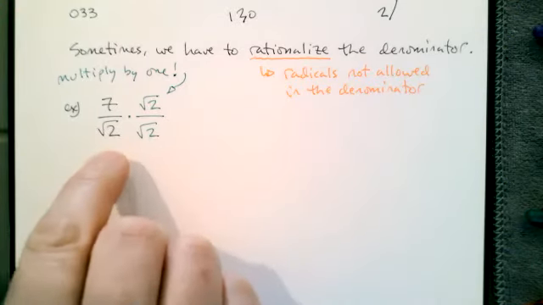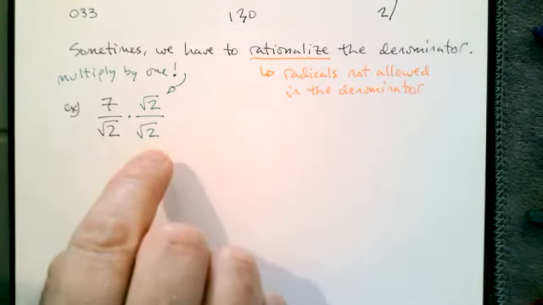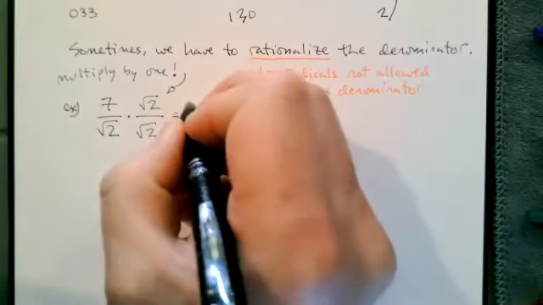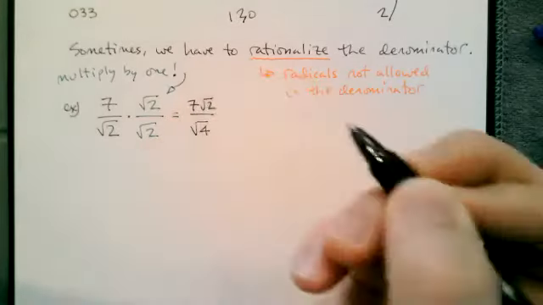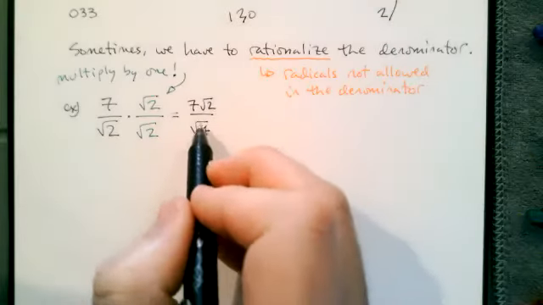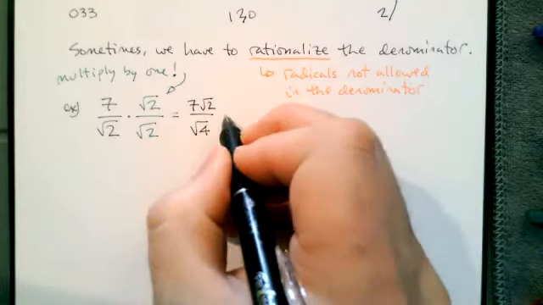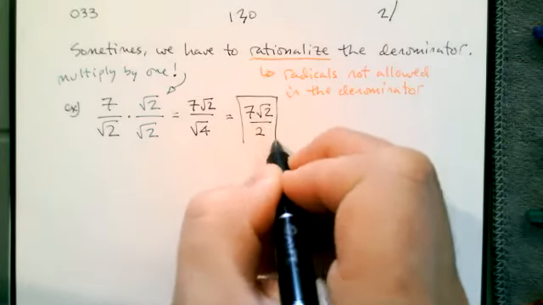What happens down here is we get the square root of 2 times the square root of 2, which equals the square root of 4. And then the numerator stays the 7 times the square root of 2. Can't really do anything with that. But the square root of 4 does not have to have a radical in it. The square root of 4 is just 2. So I can write this as 7 square roots of 2 over 2. No more radical in the denominator.